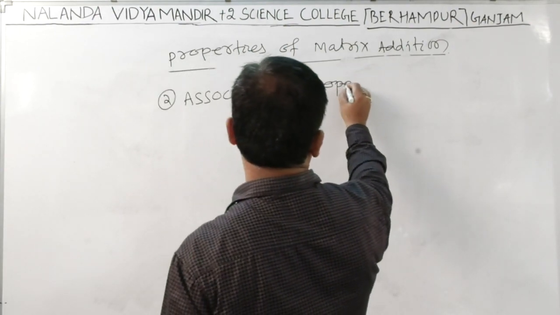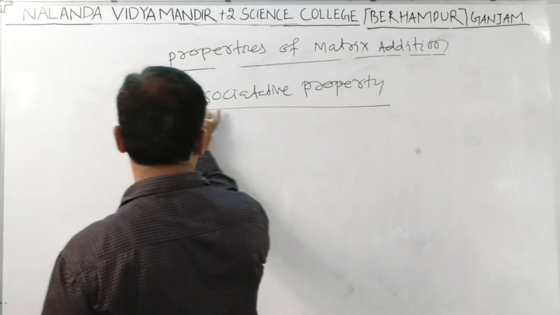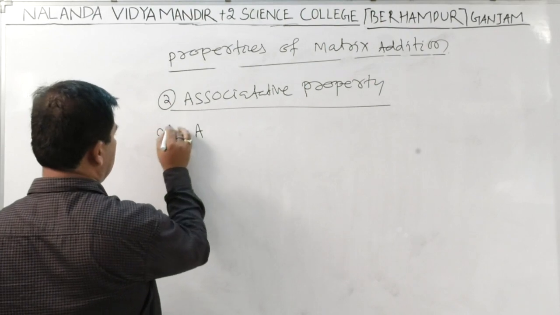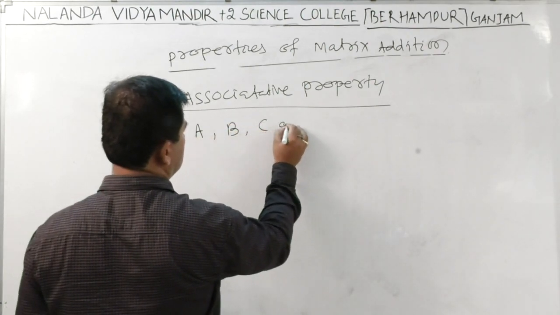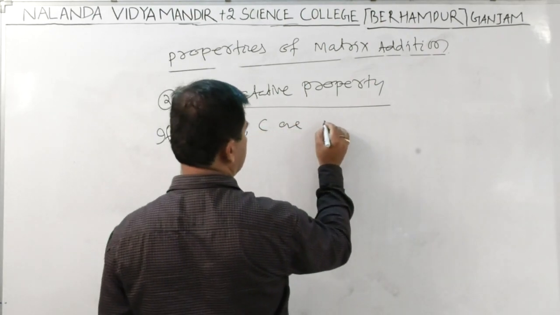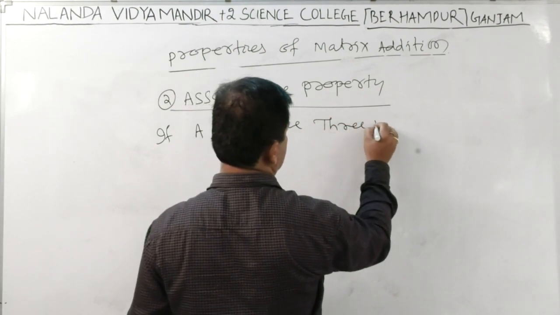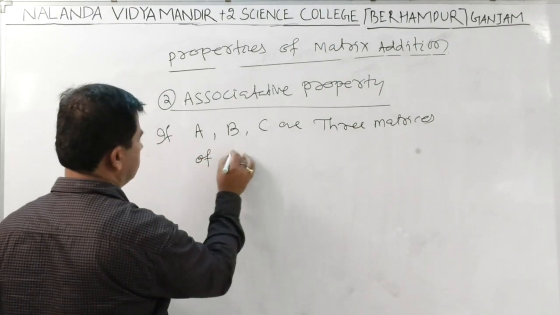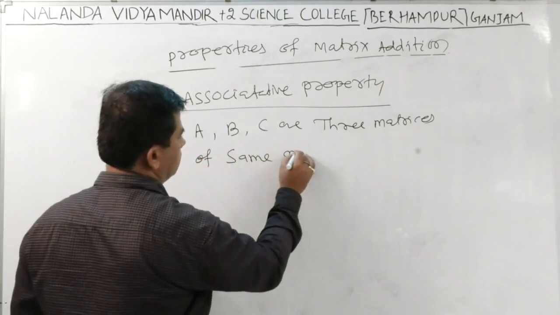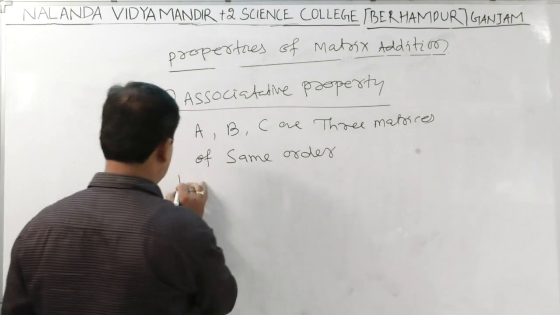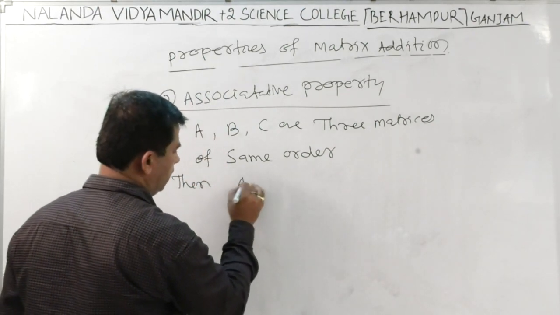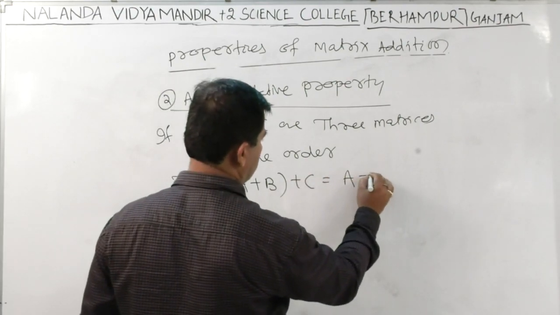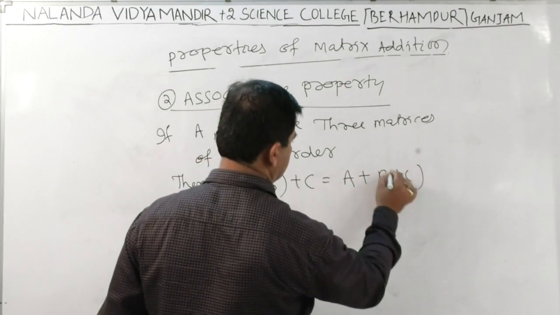Associative property means if A, B, C are three matrices of the same order, then A plus B plus C is equal to A plus B plus C, with the grouping changed.